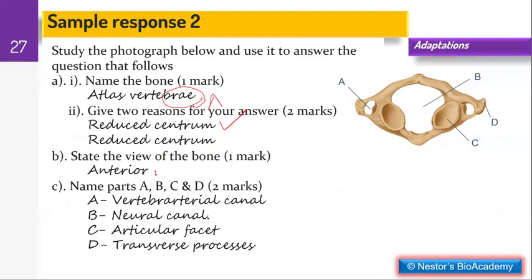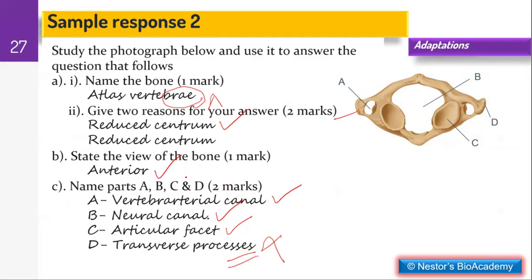Anterior view, that is correct. Vertebraterial canal, correct. Neural canal, correct. Articular facet, correct. But transverse processes, this will be wrong because D is just pointing to 1 transverse process. The other transverse process is found on this other end here. So this is a singularity plurality problem, and therefore this mark is lost here.